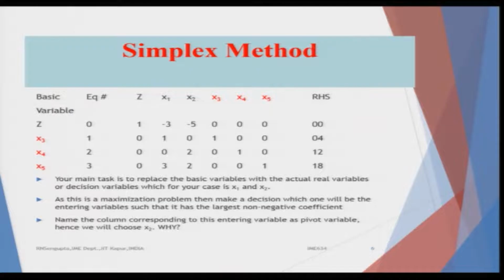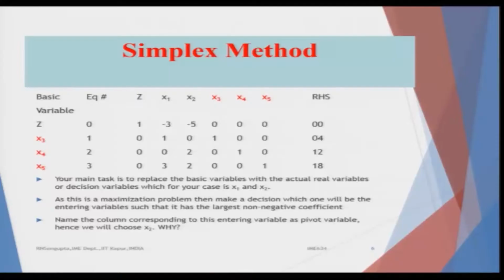The fourth term is plus 0 into x4, because the second slack from the second constraint is not applicable to the objective function, plus the last term 0 into x5, where x5 is the slack corresponding to the third constraint, which would not have any bearing on the objective function.